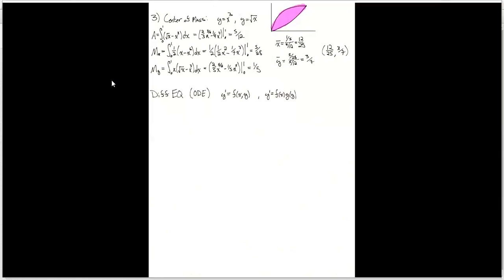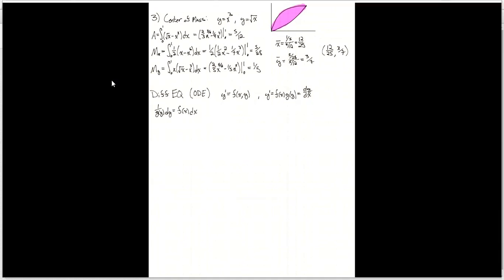So if we have the f of x times g of y kind of relation, then we can write y prime as dy over dx, and we can do some manipulating. If we get all of the things that are related to y on one side and all the things related to x on the other side, then we might have something a little bit cleaner. So if I've got 1 over g of y dy, and then I've got f of x dx, then it looks like it's begging to be integrated, right?